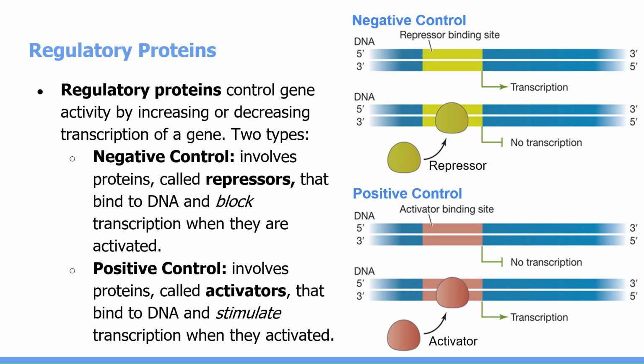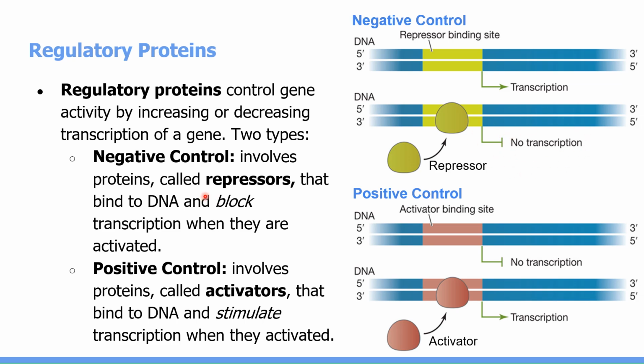There are two types of regulatory proteins, one that increases and one that decreases transcription of a gene. Take a look at the negative control here. The repressor binds to it, and then there is no transcription happening.